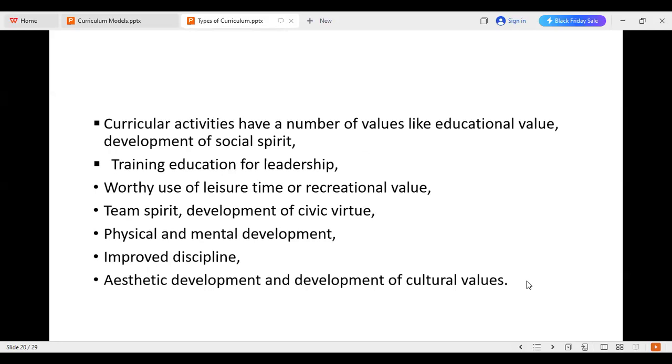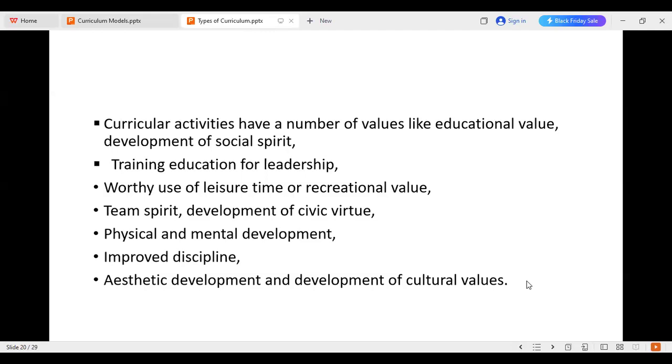Co-curricular activities have a number of values like educational value, social spirit, social skills, team spirit, leadership training, use of leisure time or recreational value, development of civic virtue, physical and mental development, improved discipline, aesthetic development and development of cultural values.